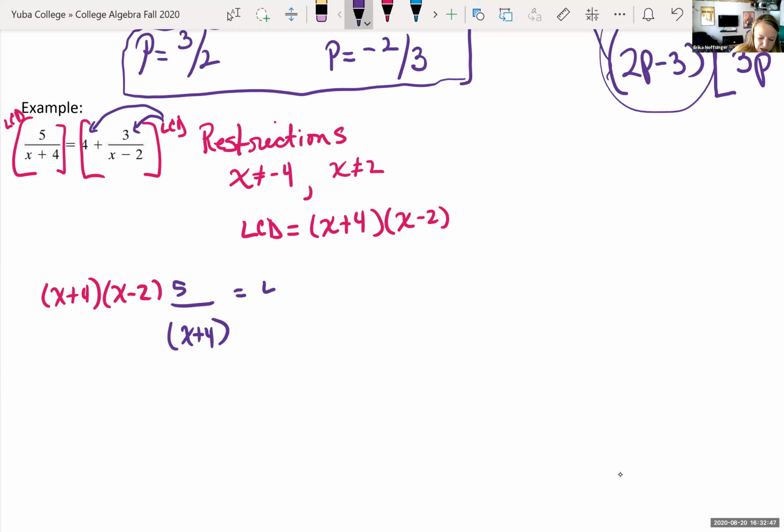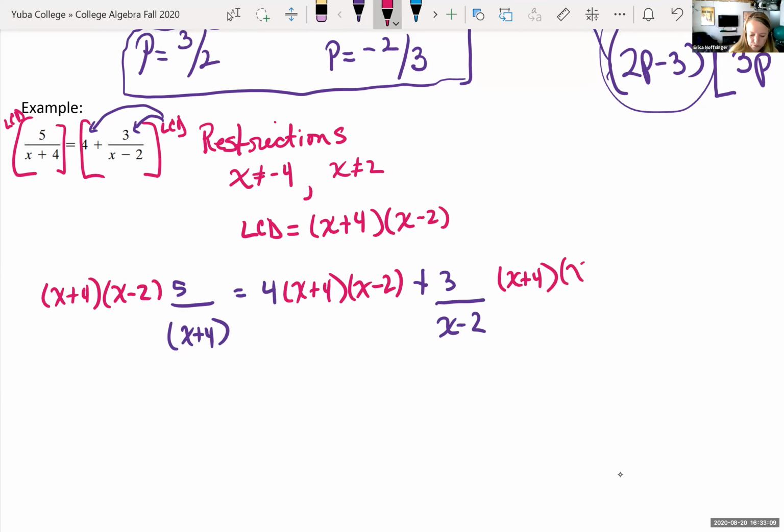So we have 4 times our LCD, which was x plus 4, x minus 2, plus, and then we have the second piece on the right-hand side, 3 all over x minus 2, and that is also multiplied by the LCD x plus 4, x minus 2. Okay, so let's simplify.